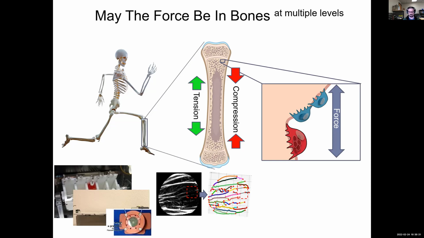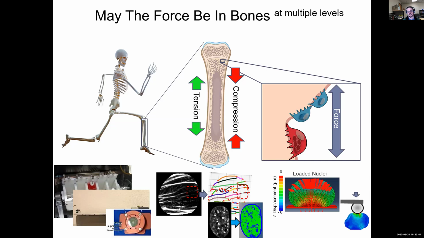We also convert the structures that we detect into finite element models so we can understand how changes in the tissue structure or the cell structure relate to changes in the forces that the cells feel. And we try to get into this in a more quantified manner than you will see in other biology laboratories.